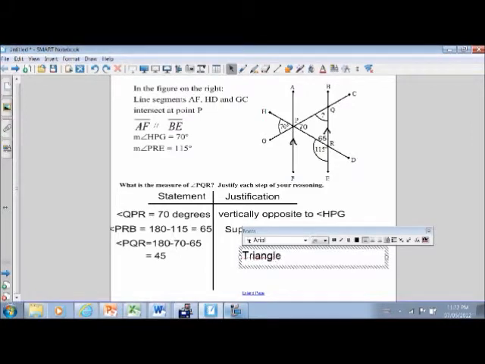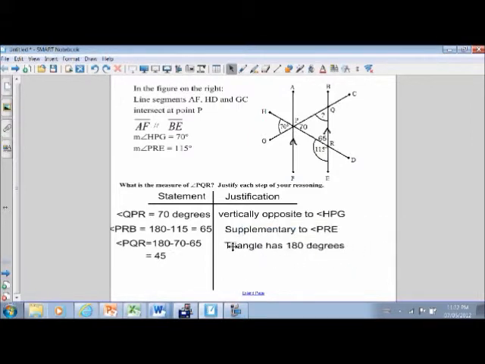Because we know that a triangle has 180 degrees, and all three of these angles obviously form a triangle. So we can go back up here, and I'll put it in green. This angle here is 45 degrees, which matches what we had down here. So there we go.